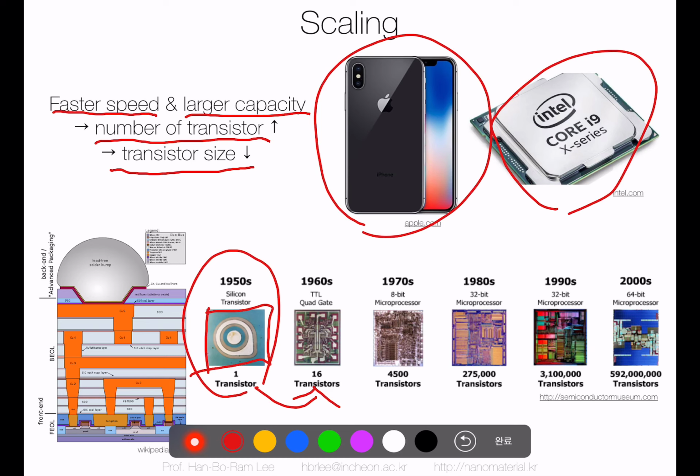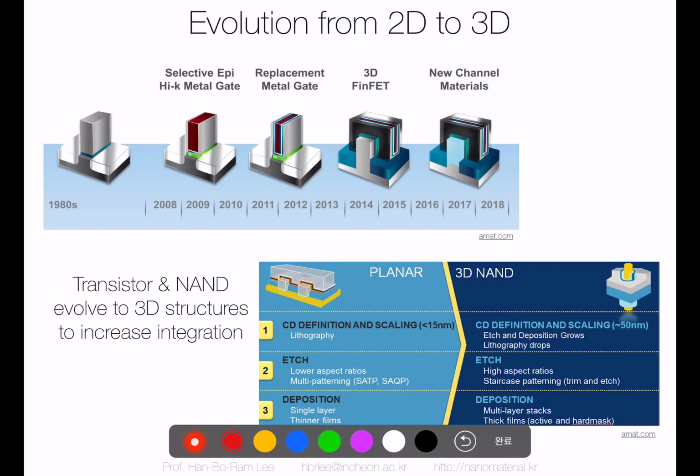Probably at this time the number of transistors has increased even more than this. So we have to make tiny, tiny, tiny transistors again and again. This is another driving force for the scaling.